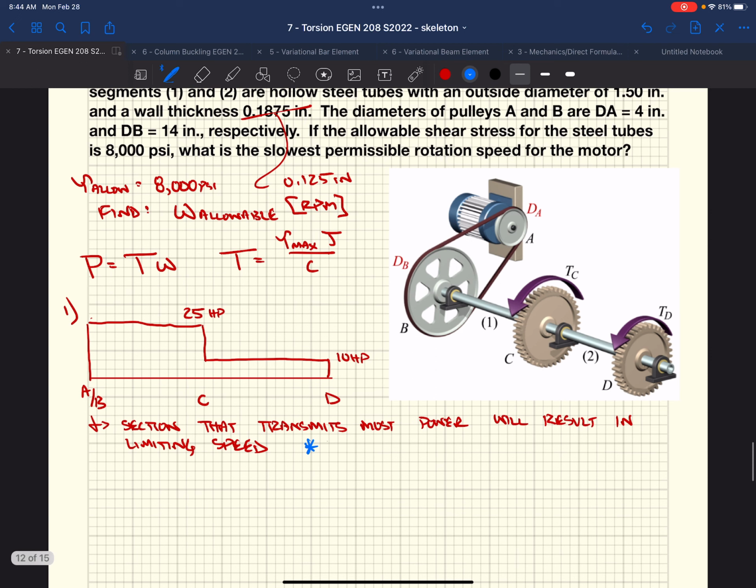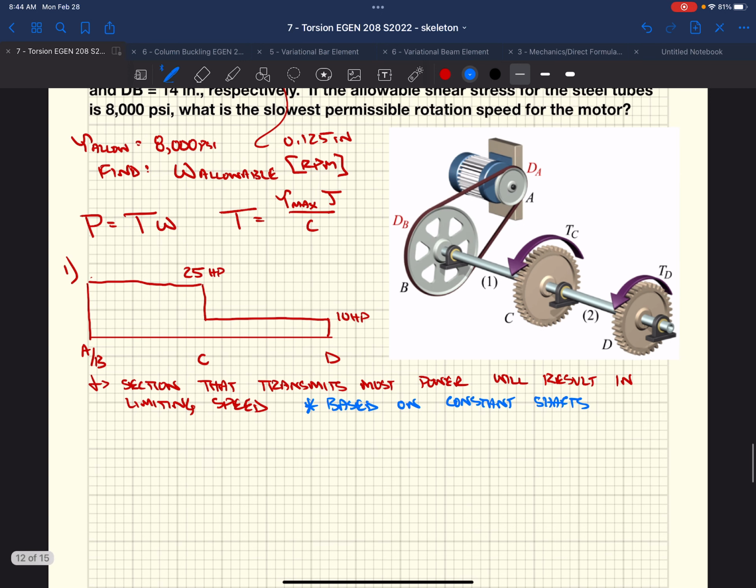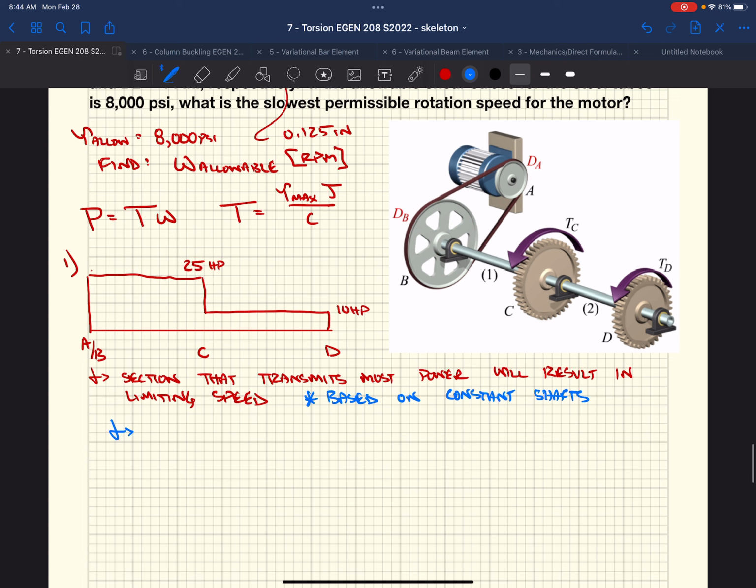So that would say, I would say, based on constant shafts, it's the same shaft from B to D. So we want to find our maximum torque, right?